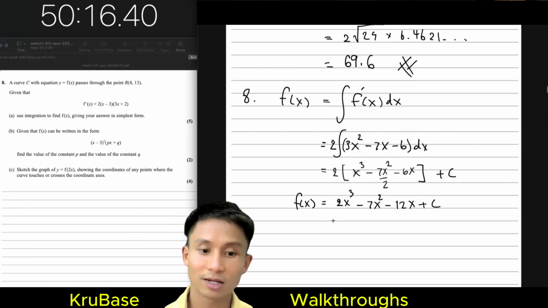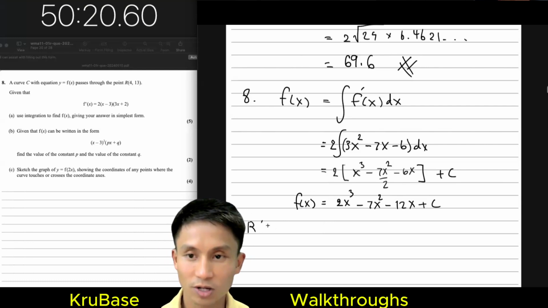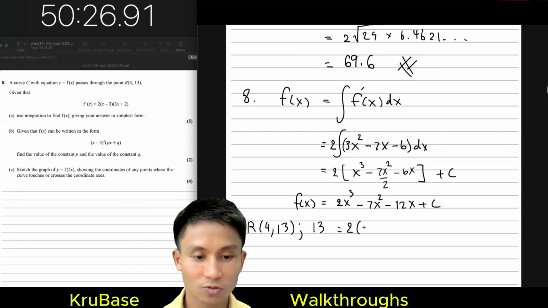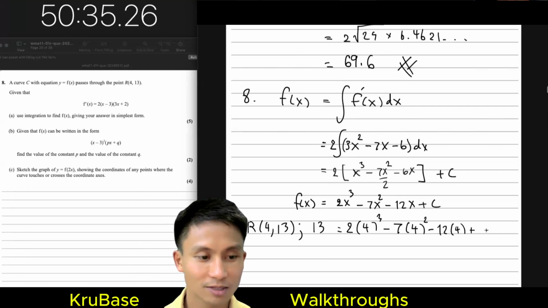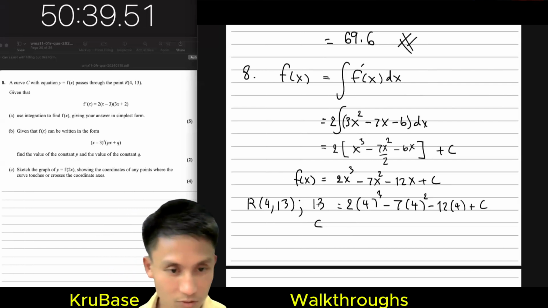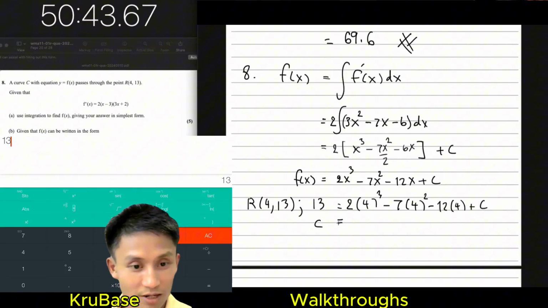But now we do know that f(x) passes through point R. So we can use point R right there, substitute it in. So y being f(x), and then 2 times 4 to the 3, minus 7 times 4 to the 2, minus 12 times 4, plus c. And then we can find c from that. So using a calculator, maybe it's too much now for my brain.